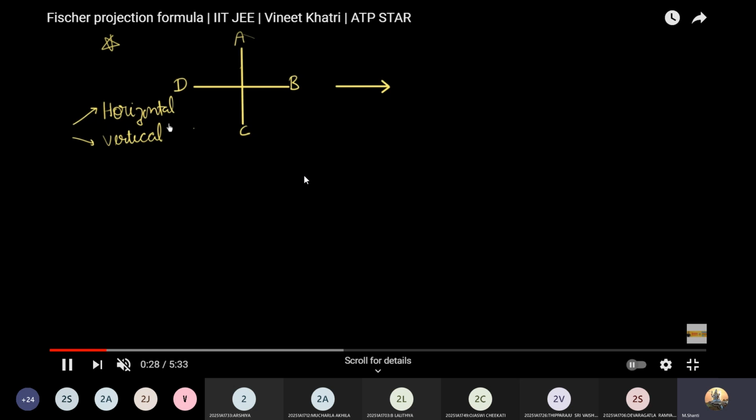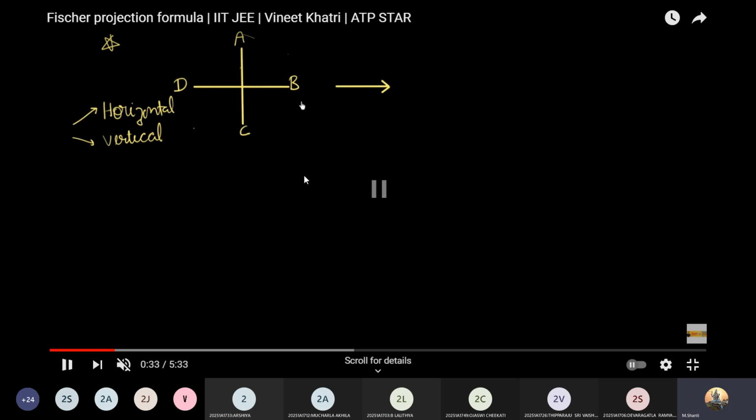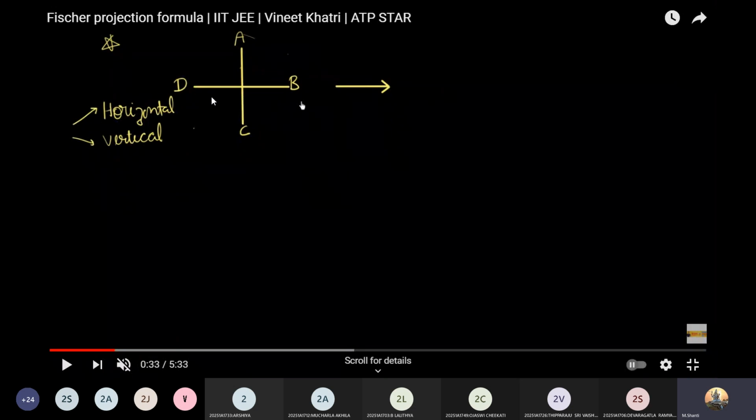This we have already discussed in yesterday's class. There are only two options: the substituents lying on the horizontal line will be shown either above the plane or below the plane.